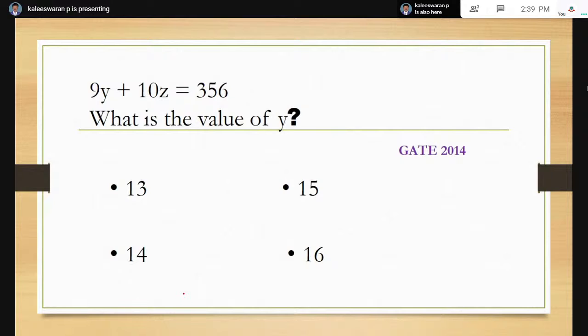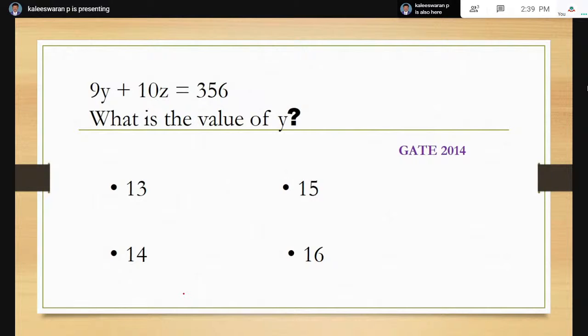This is not possible because, as per the mathematical rules, we need two equations for finding two unknowns, but here there is only one equation. How to find the value of y? Only if you know the value of z can you find the value of y. Here we don't know y or z.